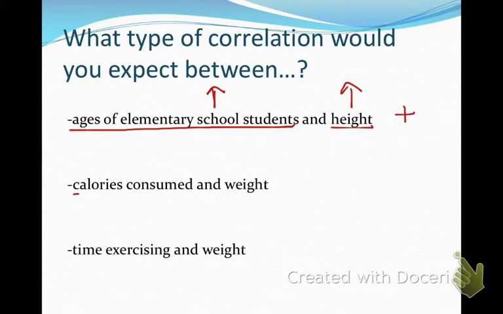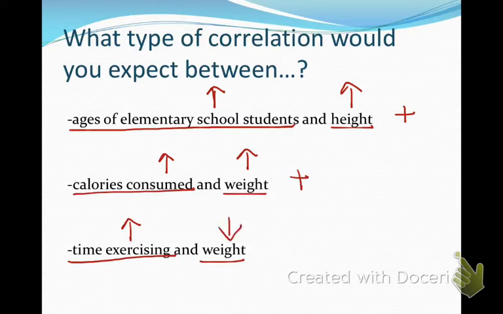In the second, as calories consumed increase, what would happen to a person or even an animal's weight? We would expect it also to go up, so that would be a positive correlation. Time spent exercising, as that increases, what happens to a living thing's weight? Well, that would decrease overall, so that would be a negative correlation.